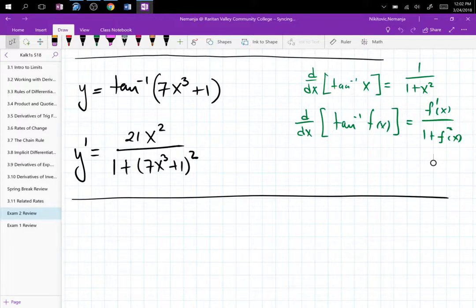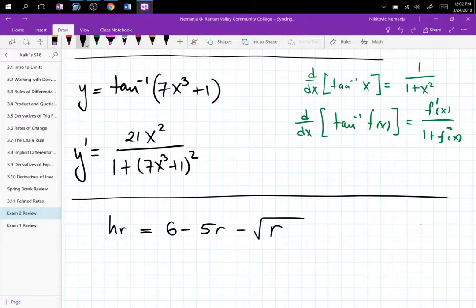No questions? Oh. One of the things was H of R equals 6 minus 5R minus square root of R, over R plus 5.